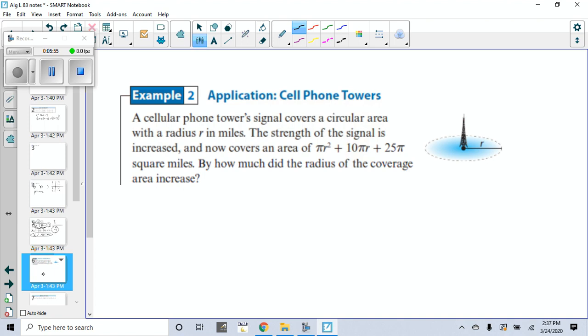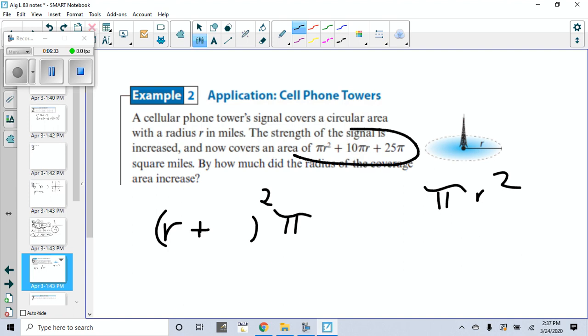So originally the area would be pi r squared, but now they're saying they increased r by something, and when they did, the radius is now r plus something, squared, times pi. And they're trying to figure out what would result in that.